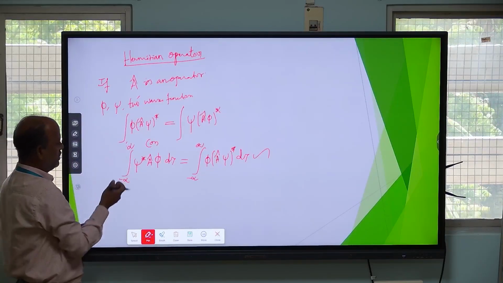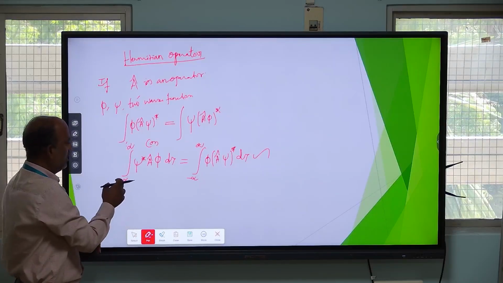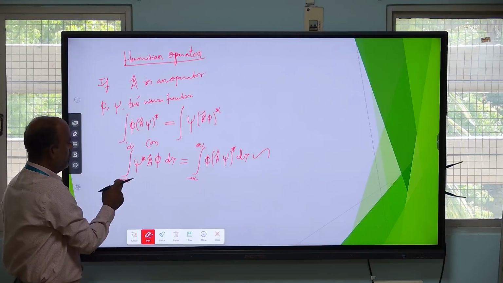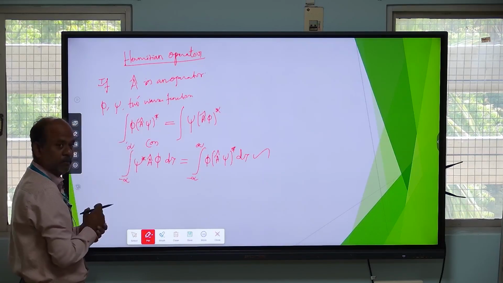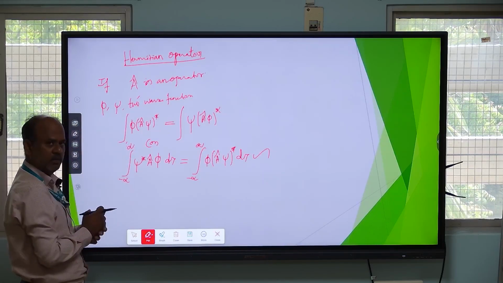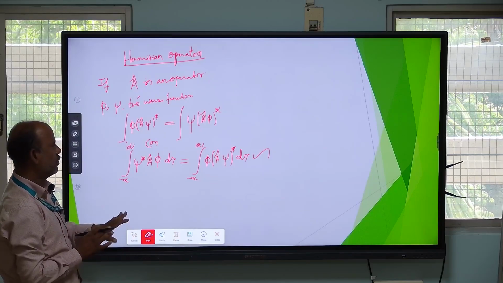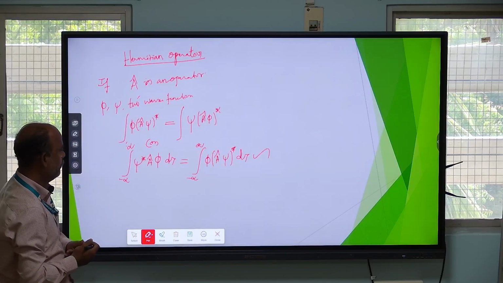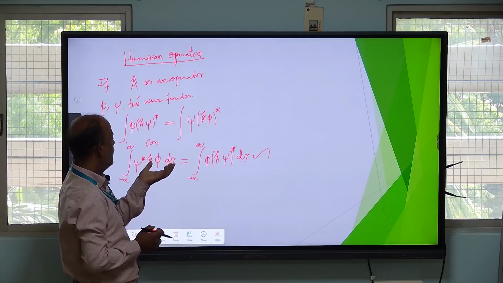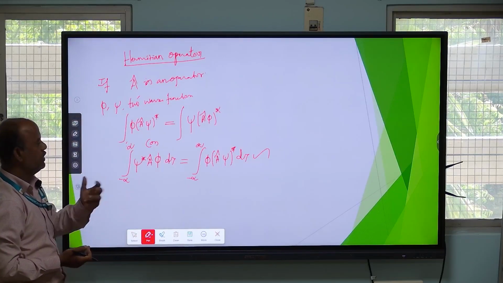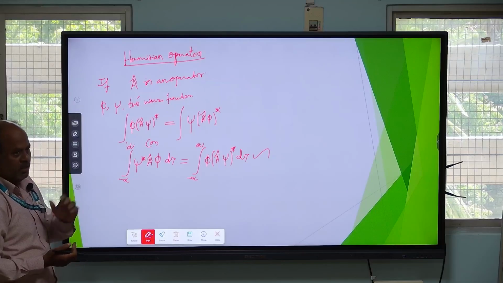A symmetric interval means, for example, integrating from minus 5 to plus 5, minus 10 to plus 10, or 0 to 2 pi. These integration limits are called a symmetric interval. So when the condition is satisfied, the operator A is called a Hermitian operator.